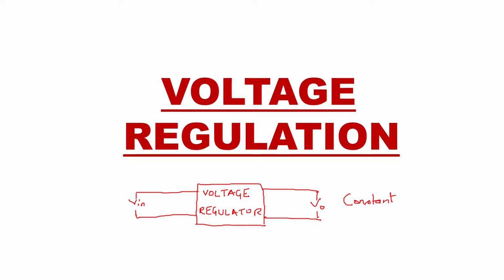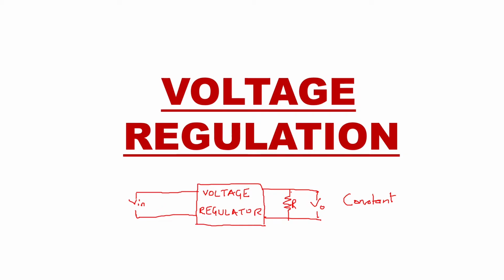And even if the load, whatever load you are having for your application, changes or varies, then also there can be a problem in your output. So the current which is given to the load, if the load is becoming more, it will draw more current. In that case also the output should remain stabilized. Output should remain constant. So that is how a voltage regulator is going to work.